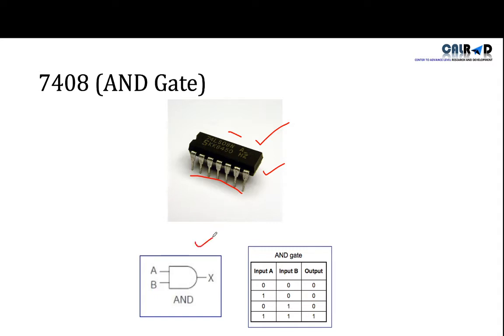So while doing this experiment, we have to keep in mind the table for the AND gate. Why? Because we have to give the input to this IC and we have to check the outputs. So we have to keep in mind this truth table also.